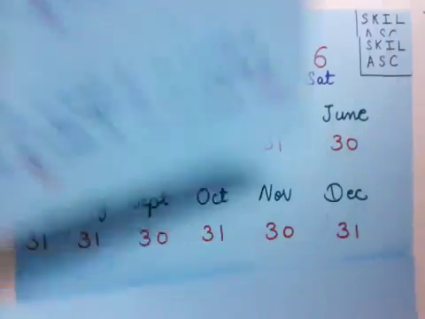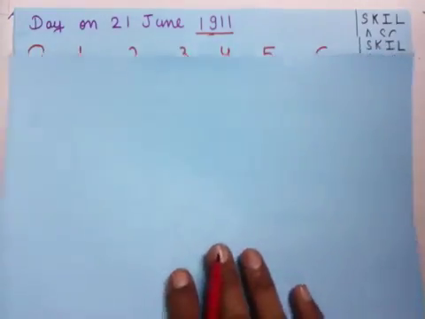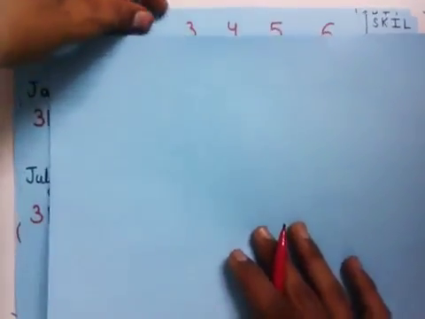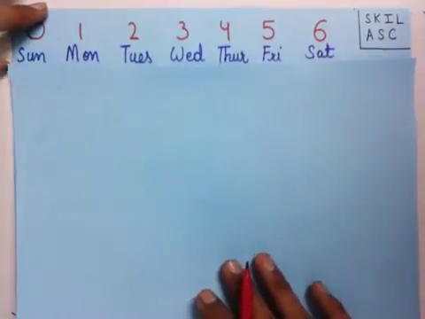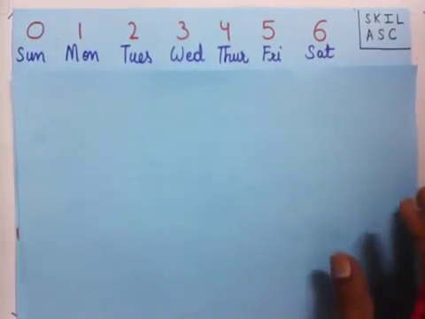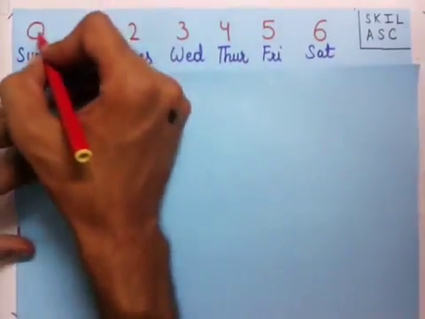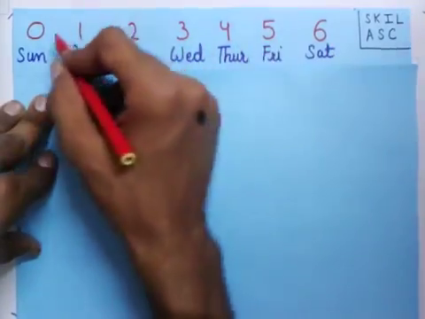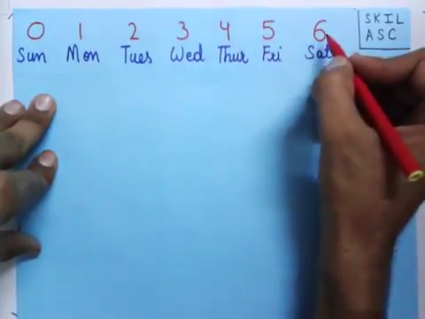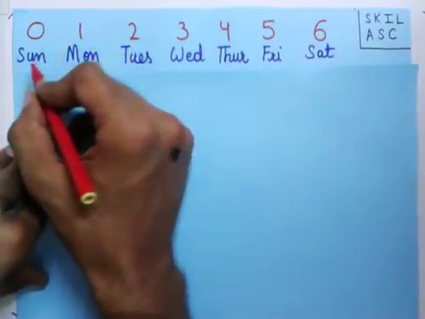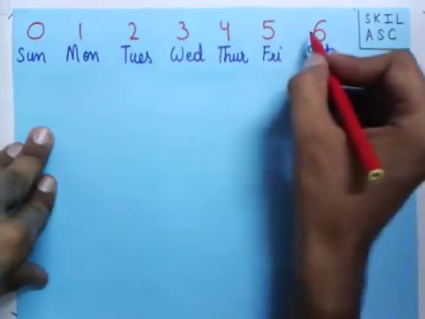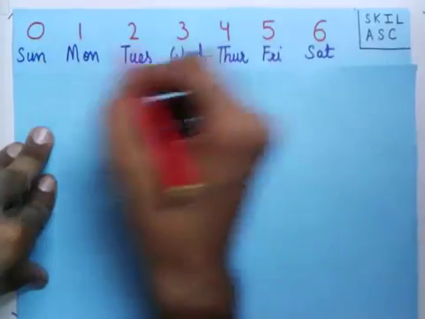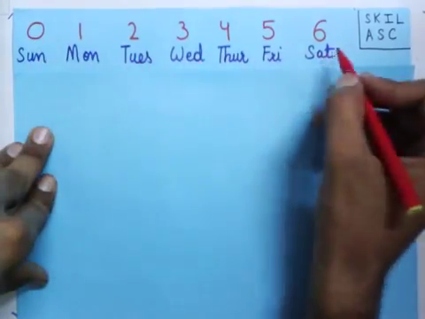Now we go ahead. These are the last points which you must remember. After this we will start our examples. Now you see 0, 1, 2, 3, 4, 5, 6. These are the numbers of odd days, and below this list we can see the days of the week.